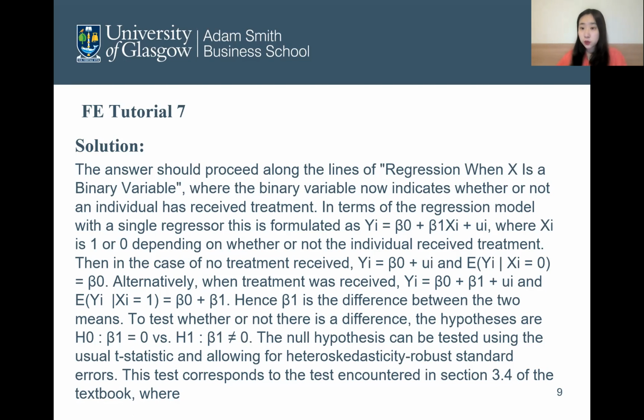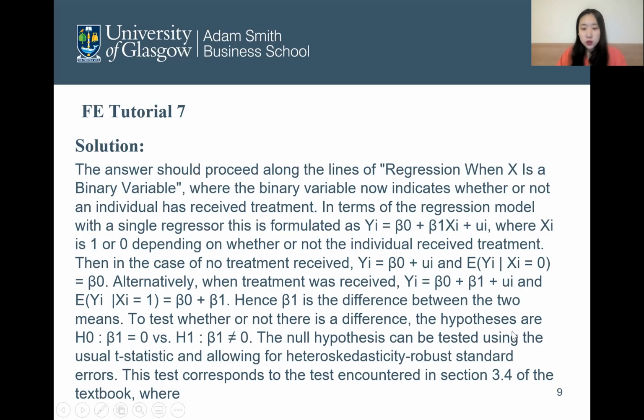It's quite easy: when X equals 0, the beta 1 term becomes 0. But when X equals 1, beta 1 is added. Beta 1 is not 0 anymore, it takes on a significant value.